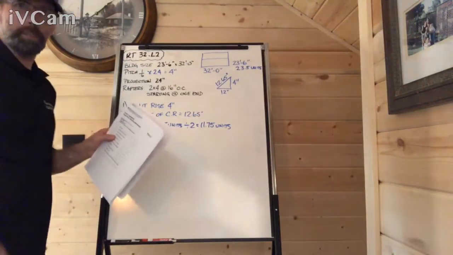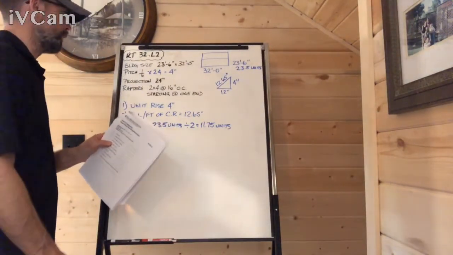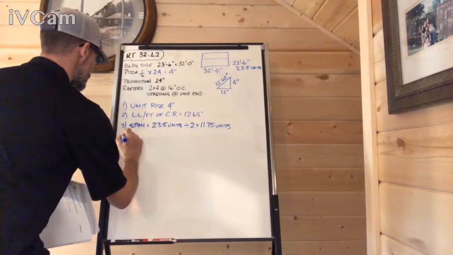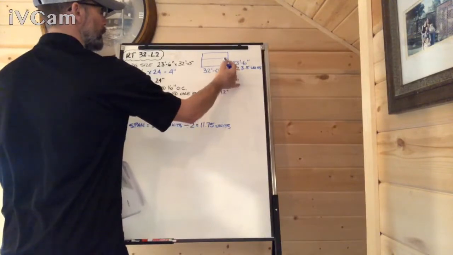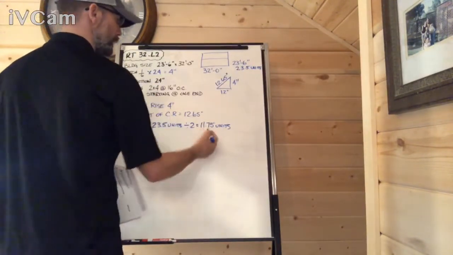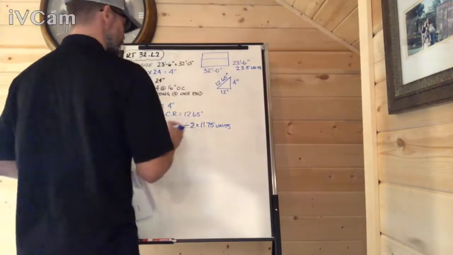Number 4, decimal length of my common rafter. My common rafter, running from the wall plate to the ridge. I know that it's running 11.75 units.